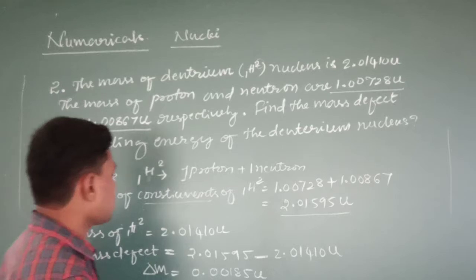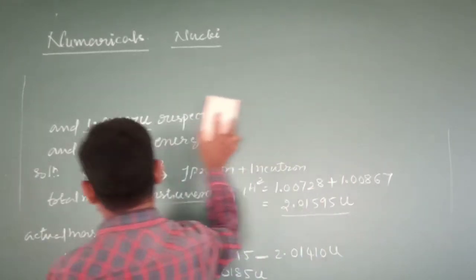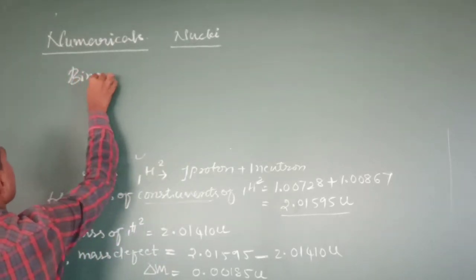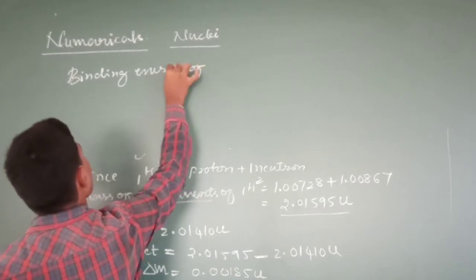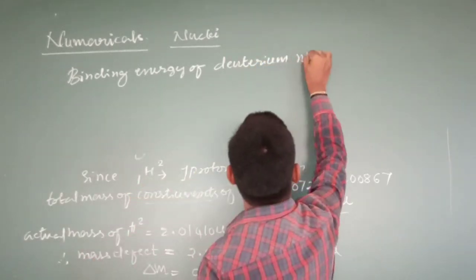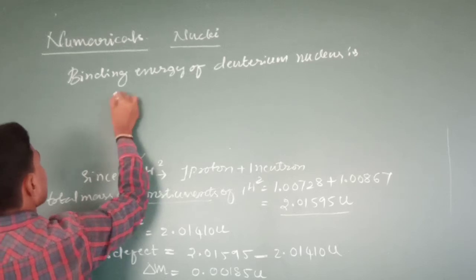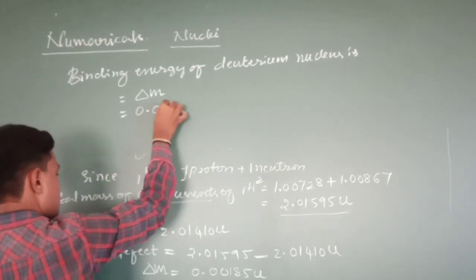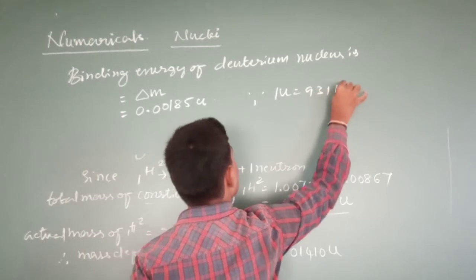Therefore the binding energy of the deuterium nucleus is equivalent to the mass defect, that is 0.00185 U. But we know that 1 atomic mass unit equals 931 million electron volt.